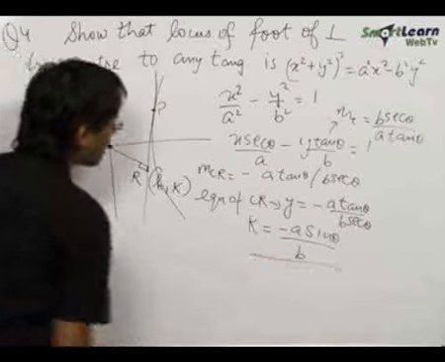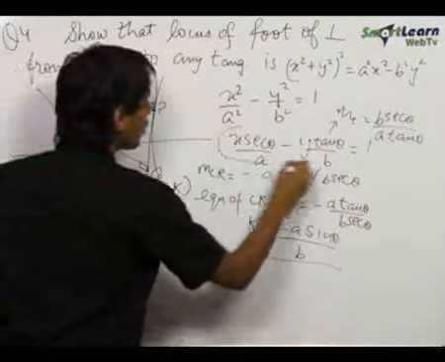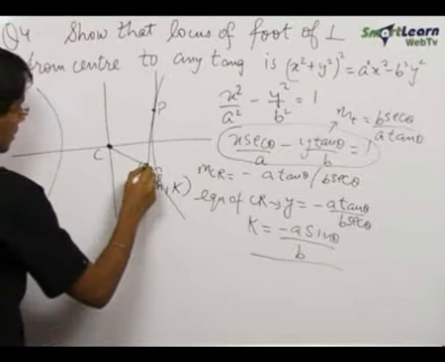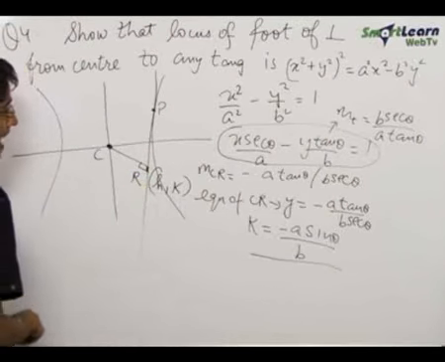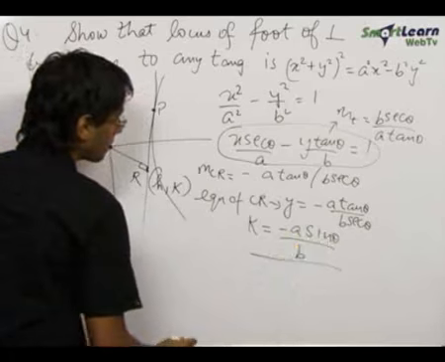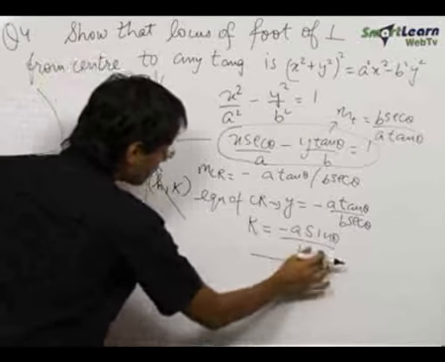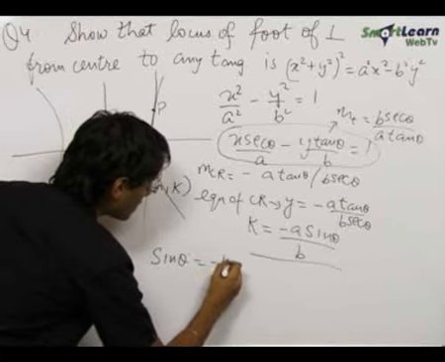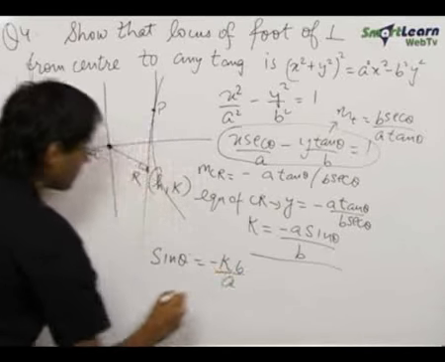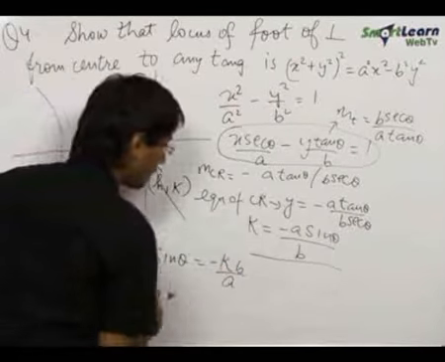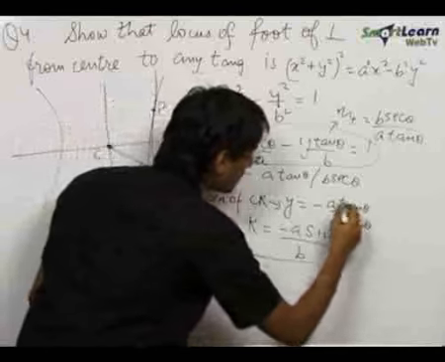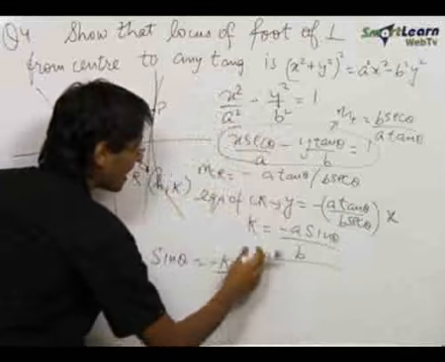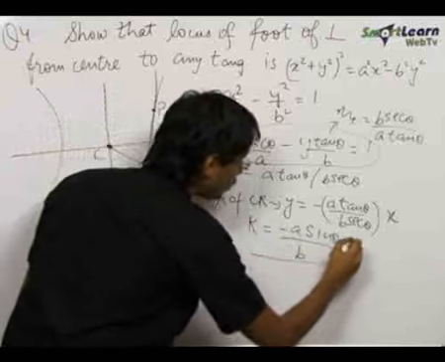This is the equation of CR and this is the equation of the tangent, and we need to find the point of intersection, that is the locus of R. Hence, we need the value of sin theta.